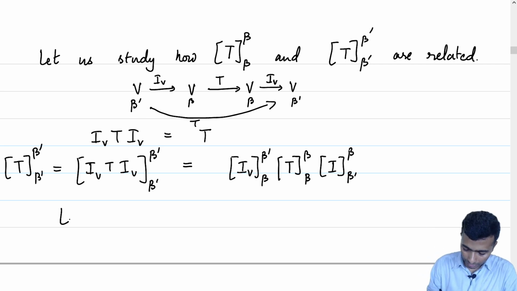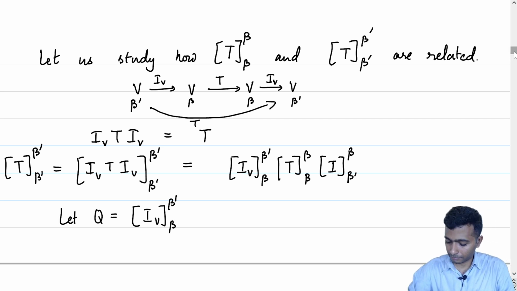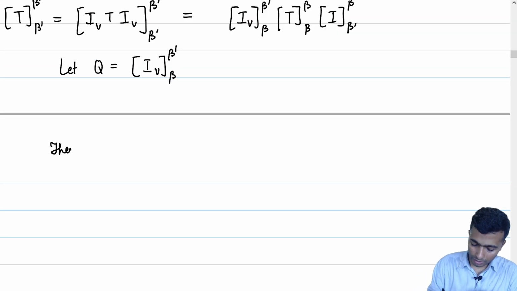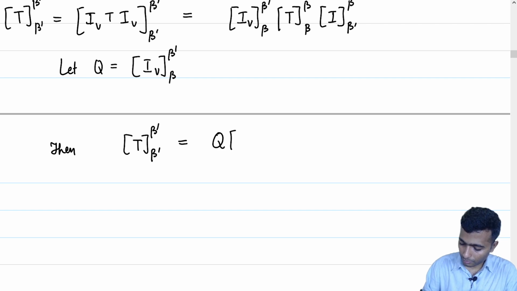So, let Q be the matrix I_V from beta to beta prime. Then T beta prime is equal to Q T beta Q inverse.